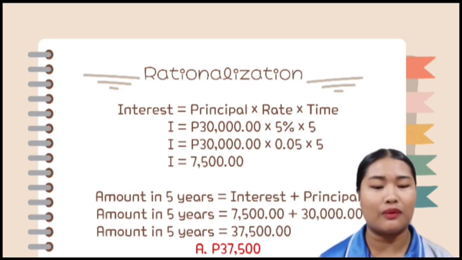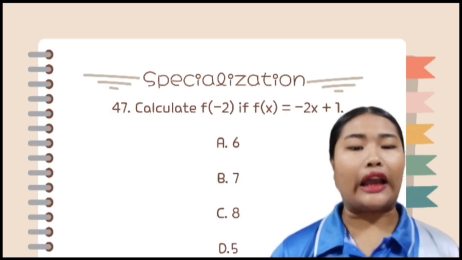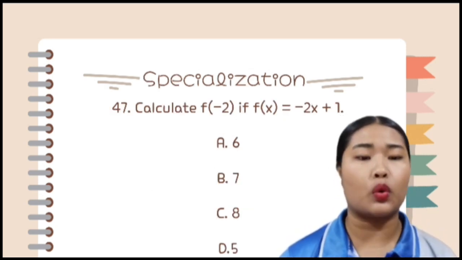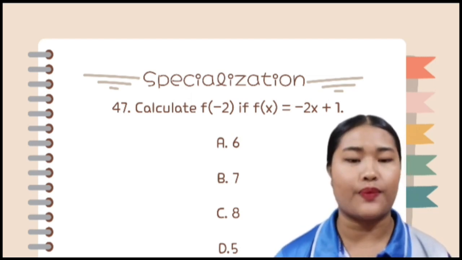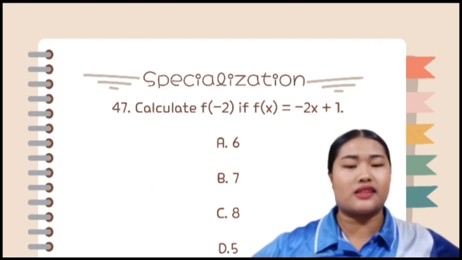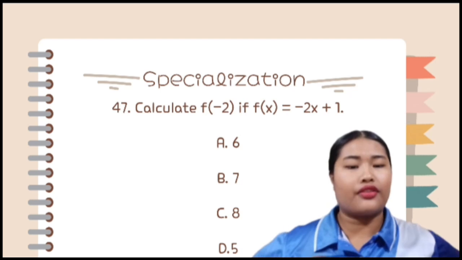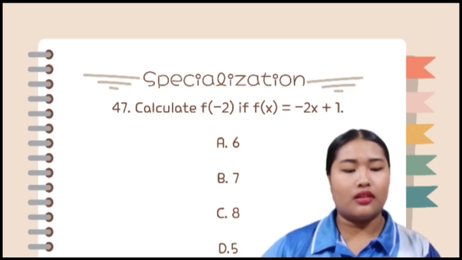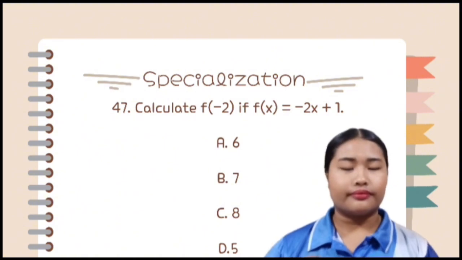Number 47. Calculate f of negative 2 if f of x is equal to negative 2x plus 1. Letter A, 6. Letter B, 7. Letter C, 8. Letter D, 9. Evaluating functions. f of x is equal to negative 2x plus 1. We have to substitute x with negative 2.